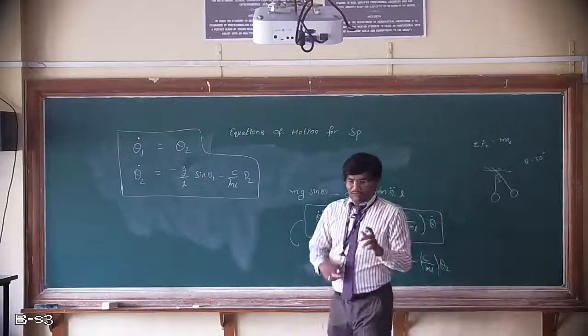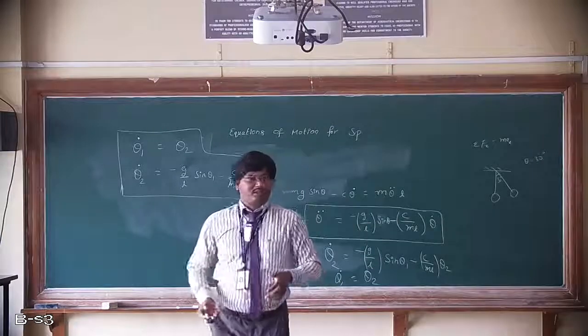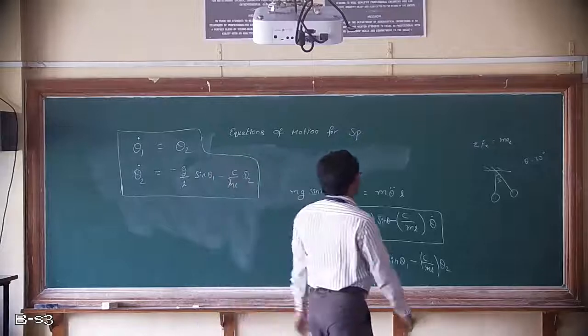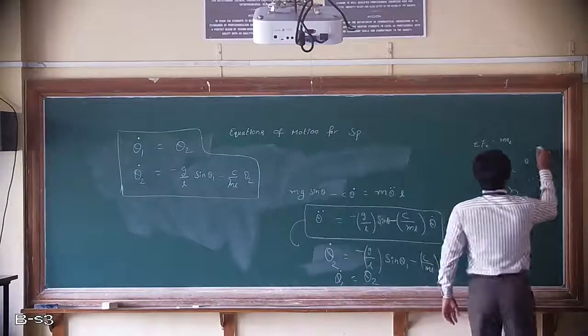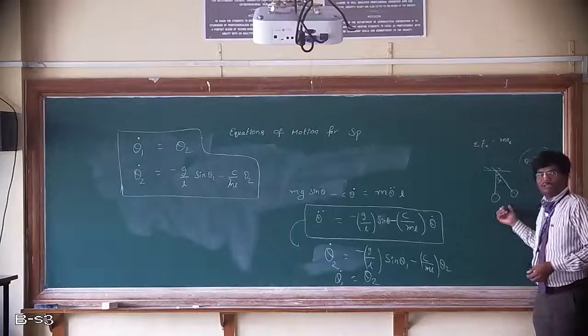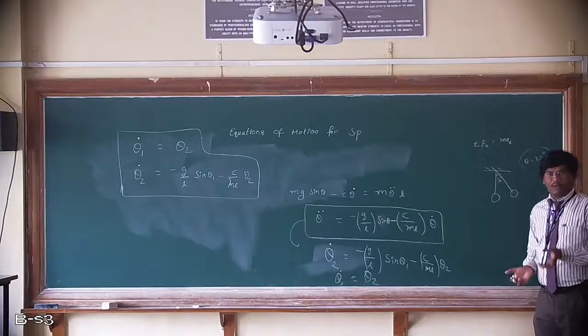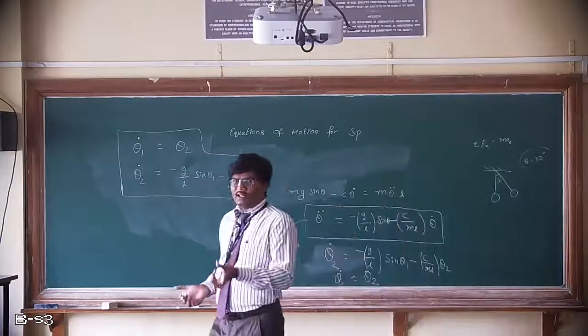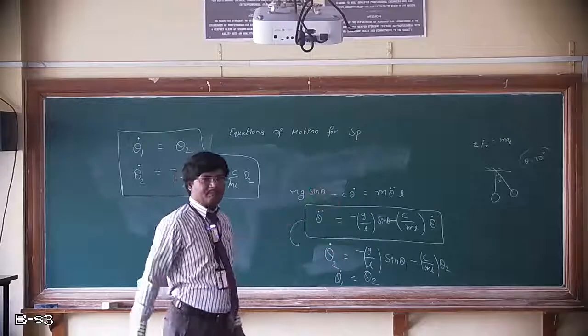If you want to define the system exactly, this theta is not sufficient, right? Does this bob have any velocity, any acceleration? We need those types of parameters also, right? At that time only we can define the system exactly.